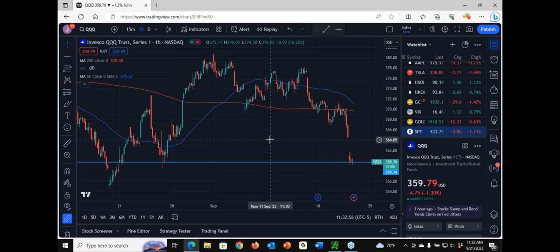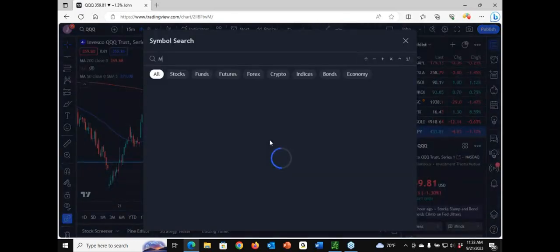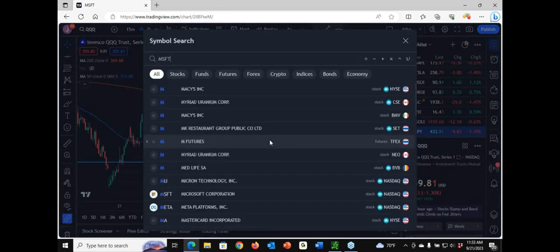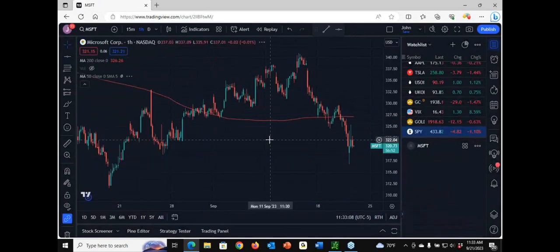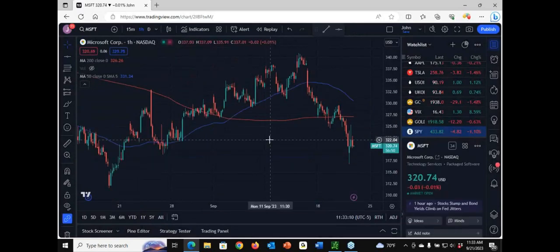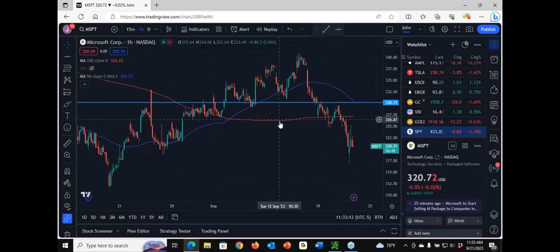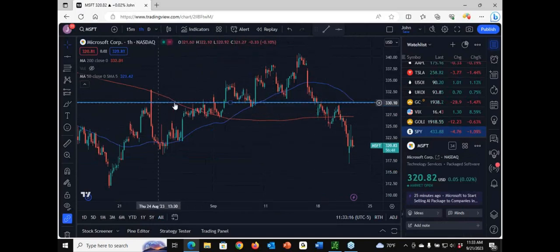So then lastly, I don't have a whole lot of time here, and we looked at Microsoft. And we noticed that Microsoft was kind of rallying on the day, and the market was moving significantly lower. But I also found a pretty decent pivot level around this 330 level, which acted as kind of support and resistance a couple of times. And at the time, Microsoft was rallying up here.